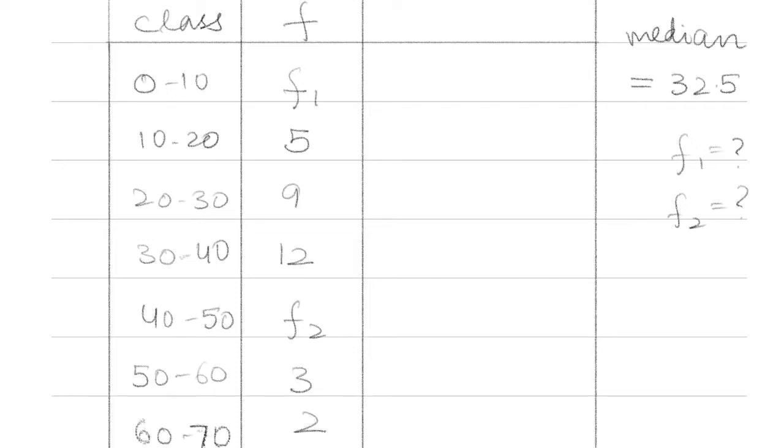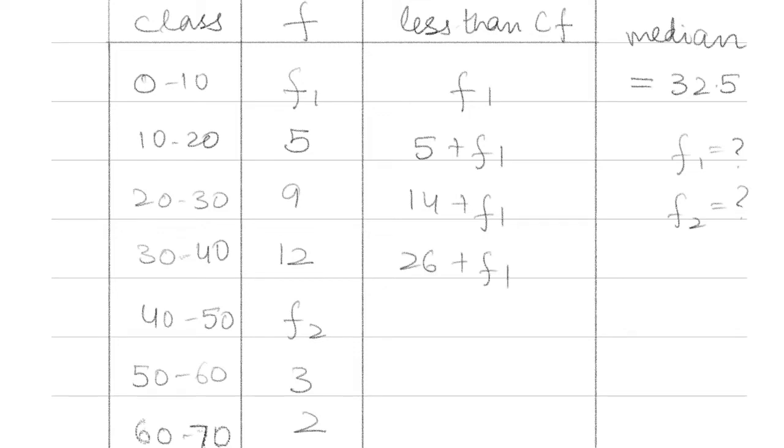Here we will find out less than cumulative frequencies. Less than 10 is f1, then less than 20 is 5 plus f1, less than 30 is 14 plus f1, less than 40 is 26 plus f1, less than 50 is 29 plus f1 plus f2, less than 60 is 31 plus f1 plus f2... less than 70 is 31 plus f1 plus f2.